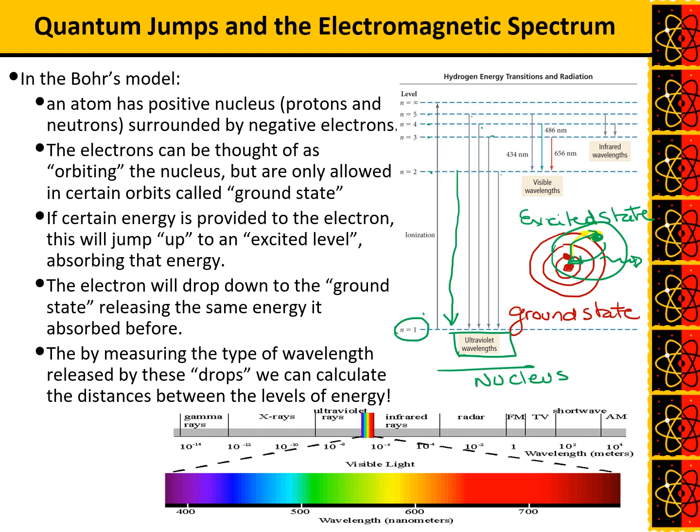If they jump to the second layer, we are going to see those colors. Why is that? Because that is visible wavelength. That is the part of the visible spectra that we can actually see. And if they jump to the third level instead of the second level, the amount of energy that is released is going to be so small that it's going to be in infrared wavelengths.